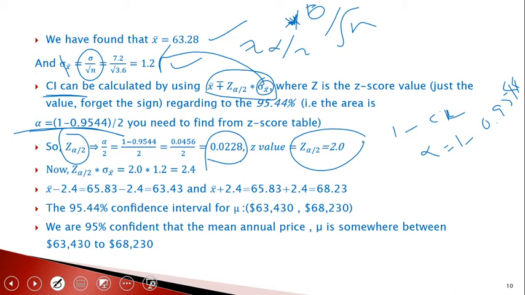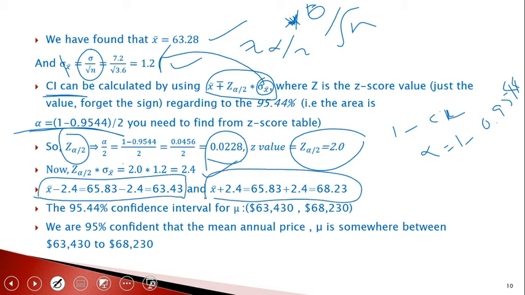C alpha times sigma x bar, or this value 1.2, is 2.4. Now you can calculate according to your formula, x bar minus that piece or x bar plus that piece. So x bar minus 2.4 is this much, x bar plus 2.4 is this much.